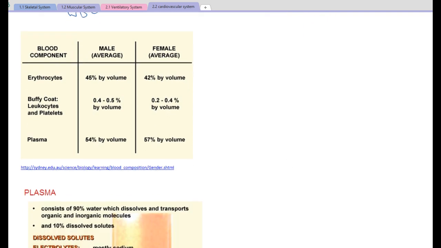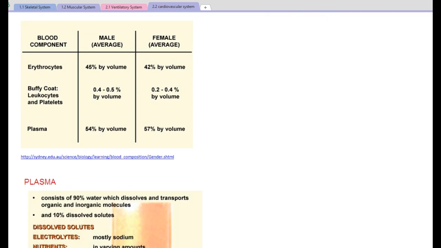So if we have a look at the blood component, again, erythrocytes, red blood cells, and then our leukocytes, white blood cells, we'll see that our red blood cell is the greatest of the solid component and is approximately 45% volume, so that's for the average male.